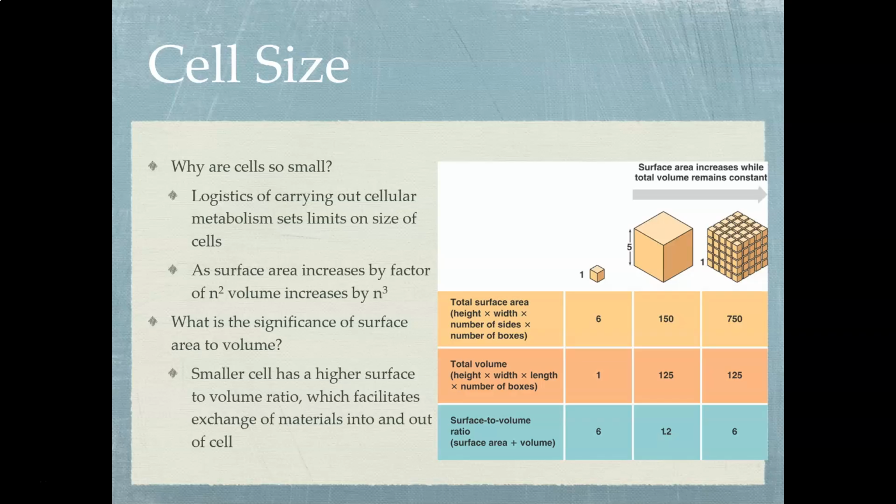So everything that that cell requires in terms of nutrients it needs to take in, and all of the waste products that it produces that need to get out have to cross the cell membrane, which in this case is its surface area. And the interesting thing is that it's not a direct one-to-one relationship, that as that cell increases its volume, it increases its surface area by the same percent.